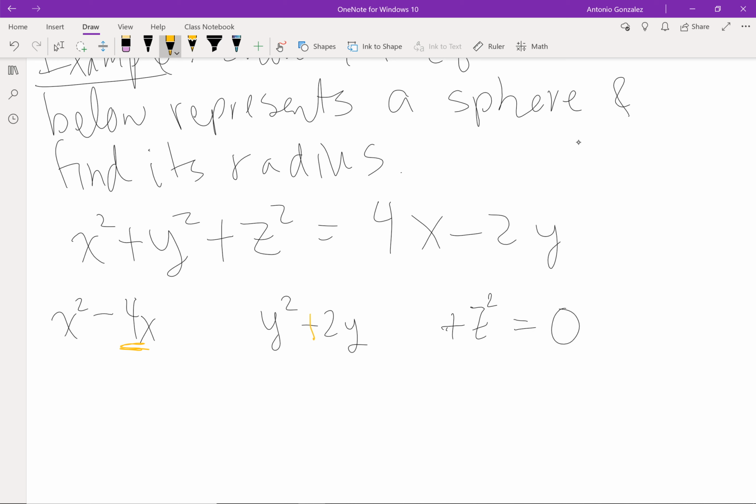Okay, so take half of 4, which is 2, and it's always plus, whatever half of that number, in this case 2, and then square it. But again, this is an equation, so whatever I add to one side, I have to add to the other side. So I'll add 4, 2 squared.